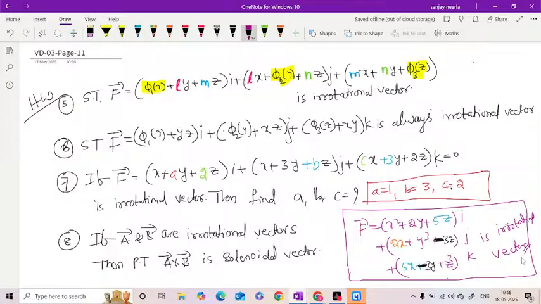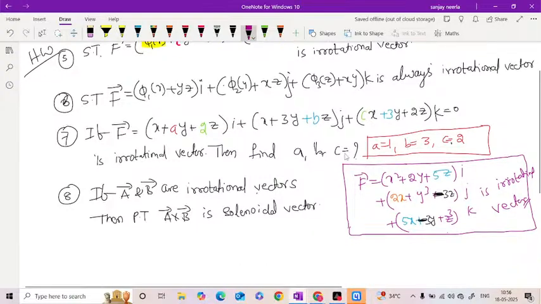Like that we can generate many irrotational vectors. Okay? Am I clear? Or you get my point? Yes, sir. Next one, come to the sixth vector point function. So function of x plus yz i, function of y plus xz j, and function of z plus xy k. It is always an irrotational vector. So this type of vector also gives always irrotational.